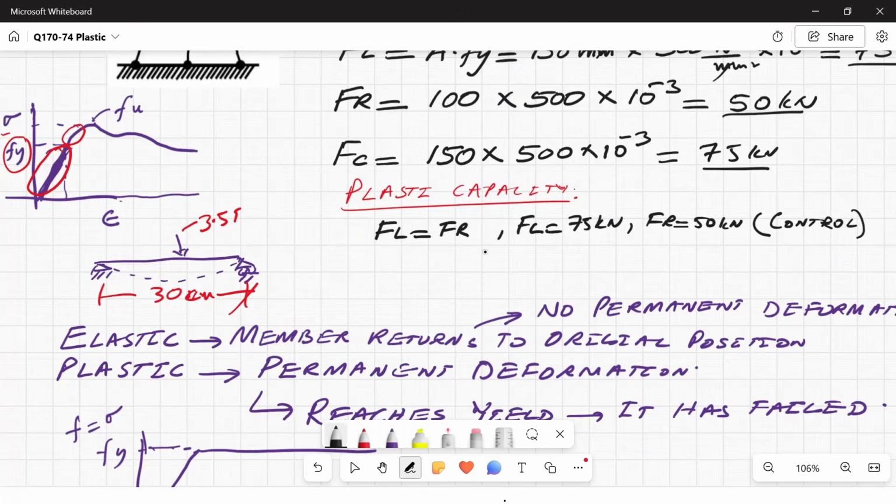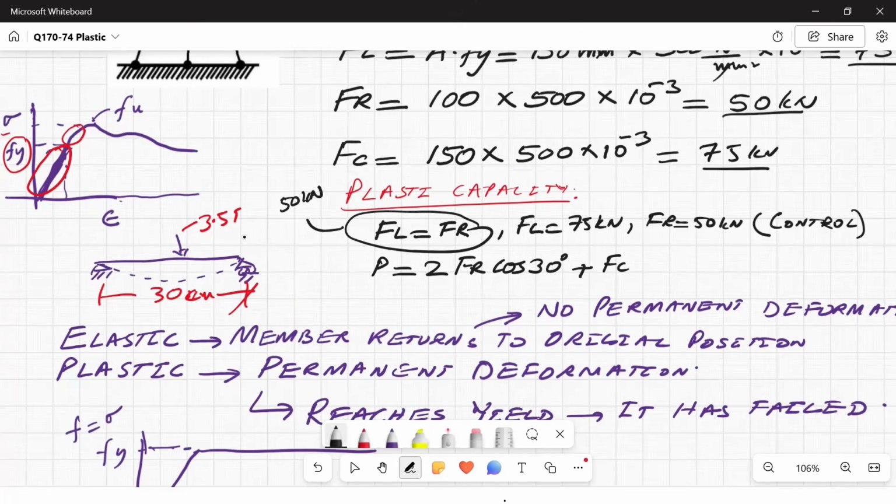When this controls, it means that both forces will be equal to 50 kilonewton, and FR will control. So then I will say that P is equal to 2 times FR into cos of 30 degrees plus FC.